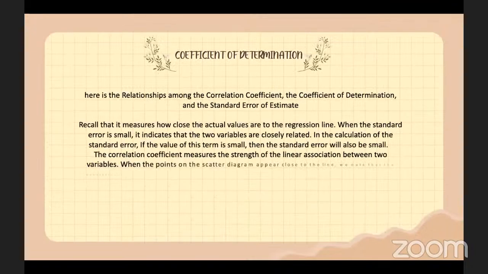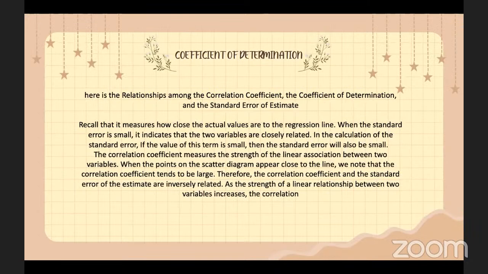So here are the relationships among the correlation coefficient, the coefficient of determination, and the standard error of estimate. Recall that the standard error measures how close the actual values are to the regression line. When the standard error is small, it indicates that the two variables are closely related. In the calculation of the standard error, if the value of this term is small, then the standard error will also be small.